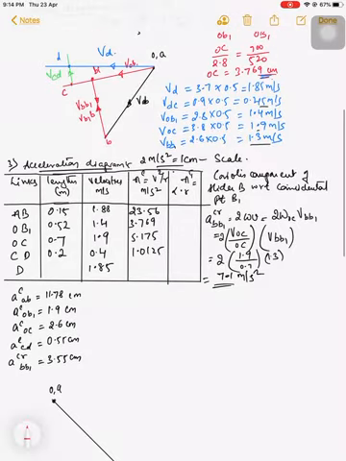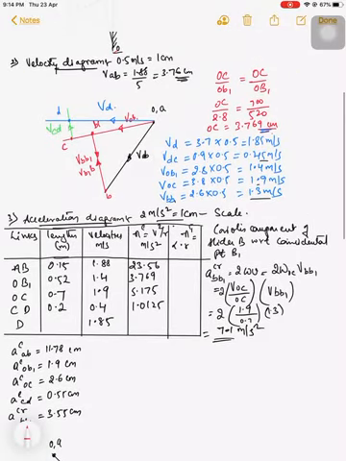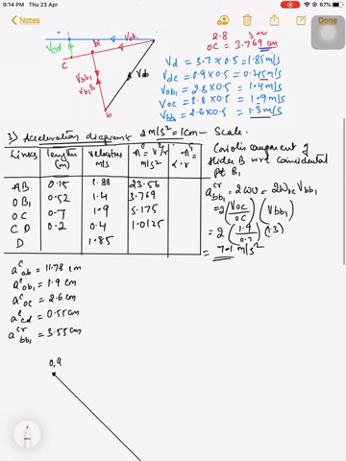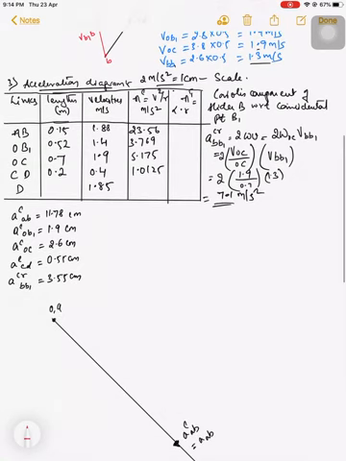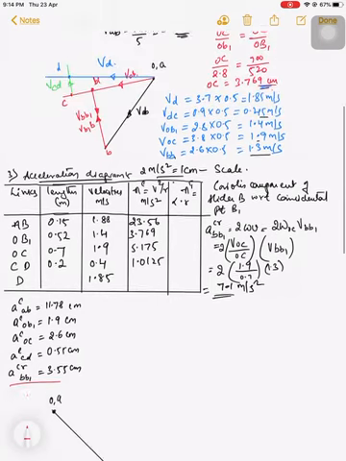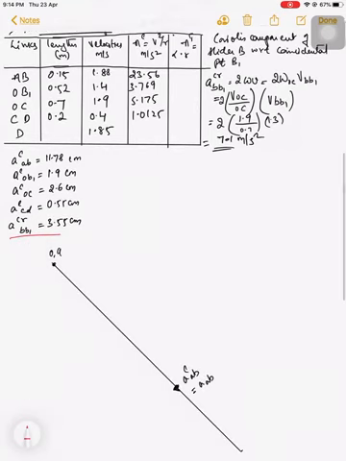Now let us consider the slider B. We have found the Coriolis component of slider B with respect to the coincident point B1, that is 3.55 centimeters. But what is the direction? Yesterday in the video I clearly explained the directions also.